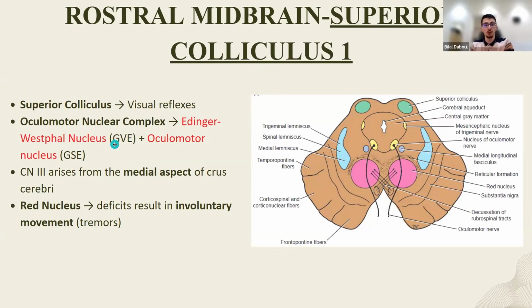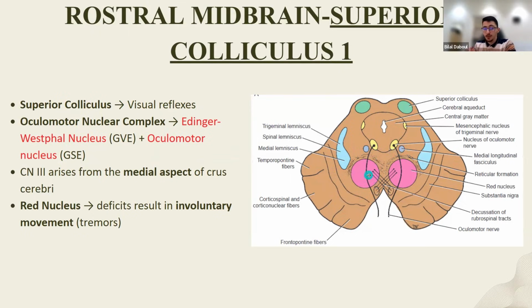So GVE, it corresponds in terms of function to pupillary constriction and accommodation. The oculomotor nucleus, which is GSE, or the main nucleus of the oculomotor nerve, sends out general somatic efferent fibers to the extraocular muscles. Again, medial in position, relatively speaking. You still see the MLF here, which is medial and anterior in position.